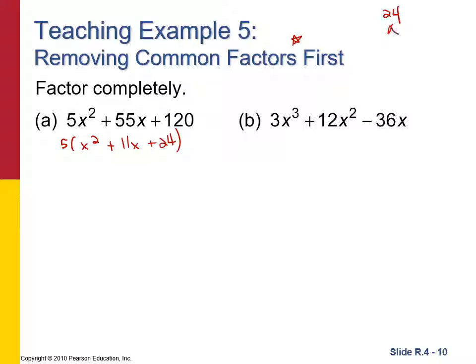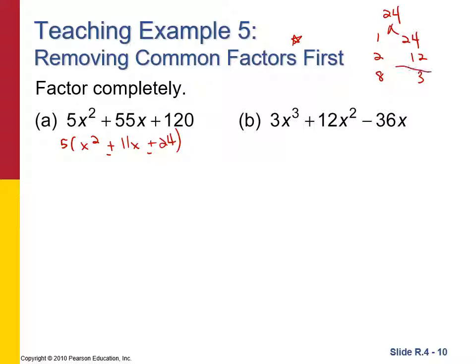Obviously 1 and 24. And notice everything's positive, so we don't have to do the minus and plus version of it. What are some others? 2 and 12, and 8 and 3, I believe. All right, so which of these factors add and give us 11?